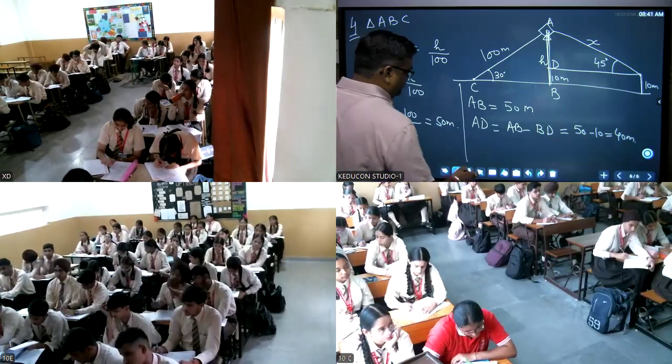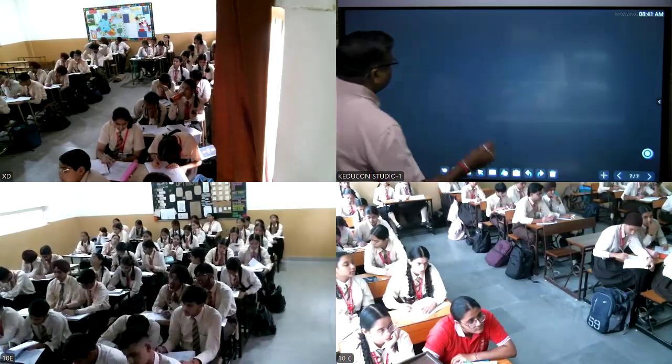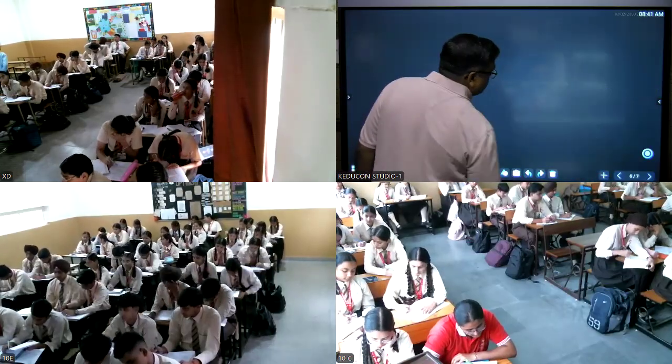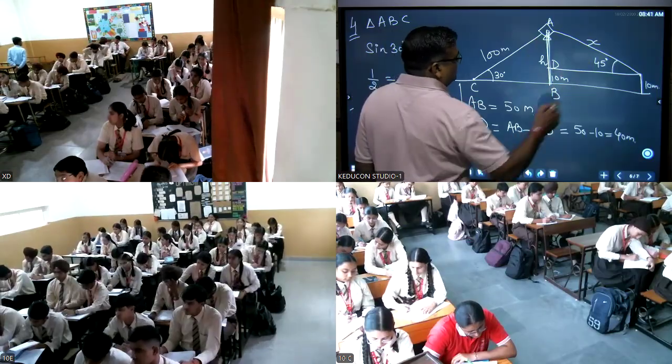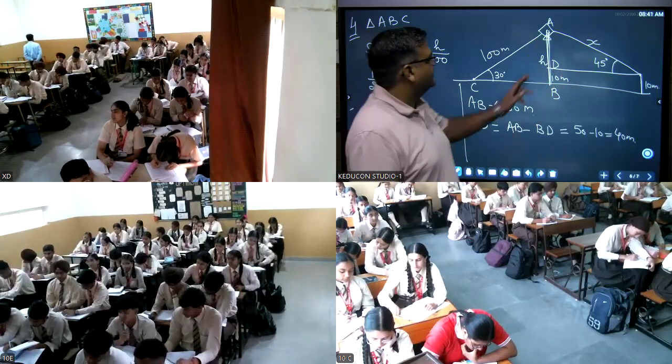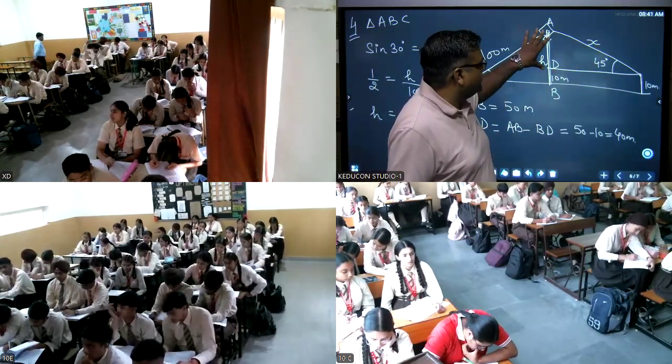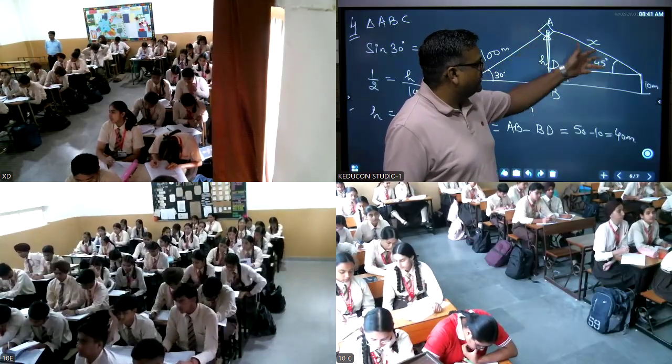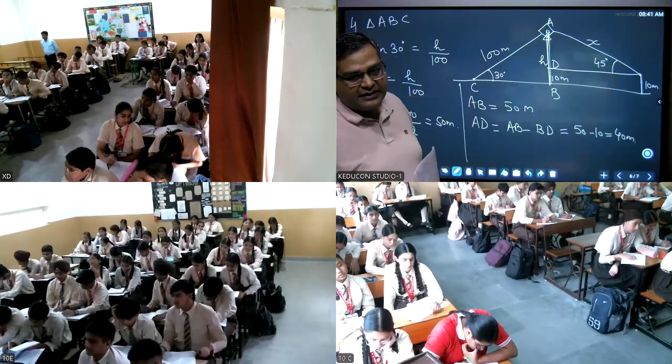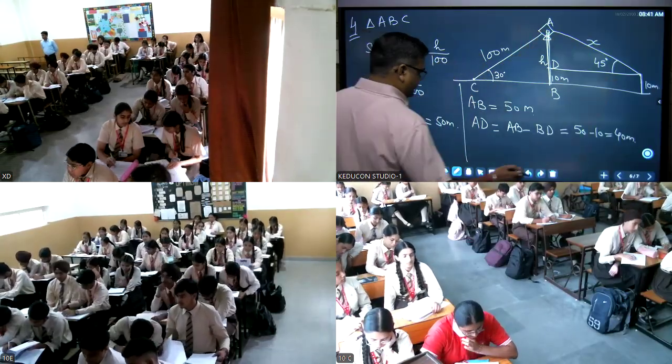Now we have to just see. We have to find the value of x here. So AD becomes 40, and we have to apply here which concept? Again, sine theta.